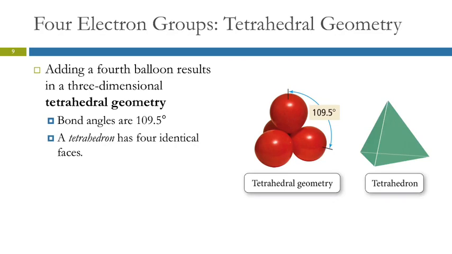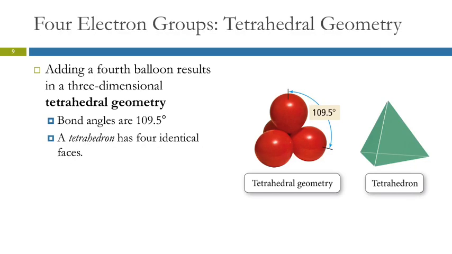So if you remember from geometry, a polyhedron is a many-sided thing, right? Tetrahedron has 4 sides. So 1, 2, 3 on the back and 1 on the bottom, 4 sides. Each side is a triangle connecting the points of the balloons. So it makes a tetrahedron. Now it's in 3 dimensions around a sphere, if you will.